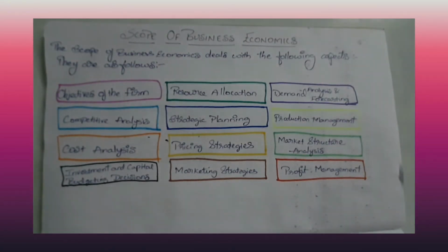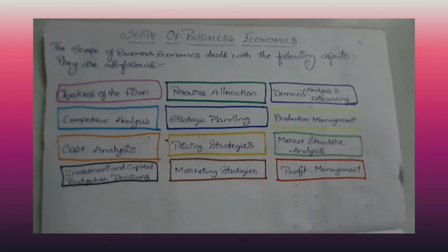Next coming, pricing strategies. As I told you, pricing is not that easy. We need some training, some methods, some methodologies that is again provided by business economics under its scope. What actually is called as price?